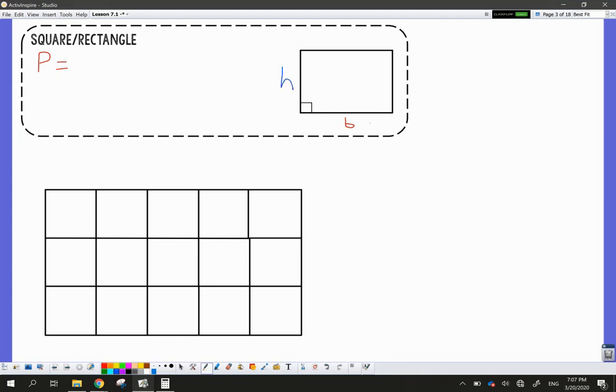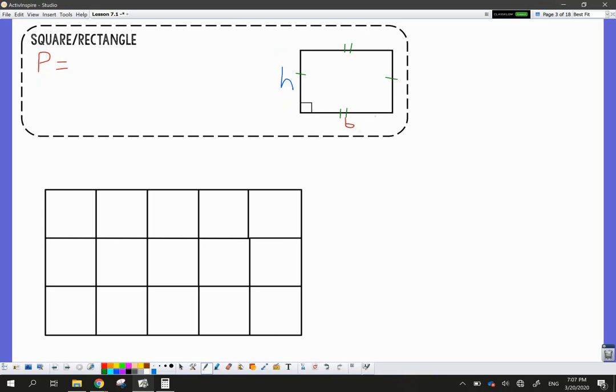And this applies for a square too, because remember, a square is a rectangle, but with all sides congruent. All sides are the same. So what I know about a rectangle and square though, two sides are the same to each other. So like these two are congruent and these two are congruent. So one way to find perimeter is to add all the sides together.